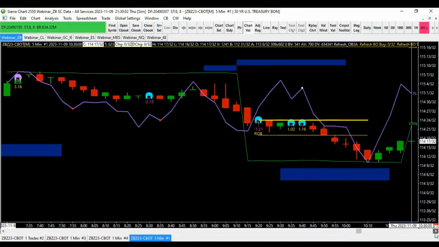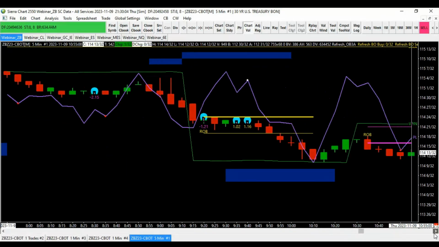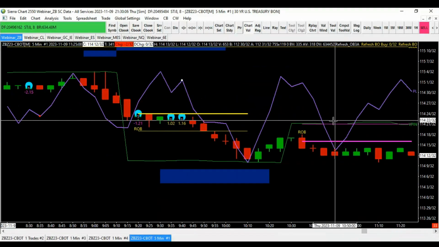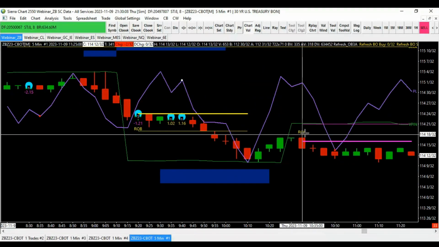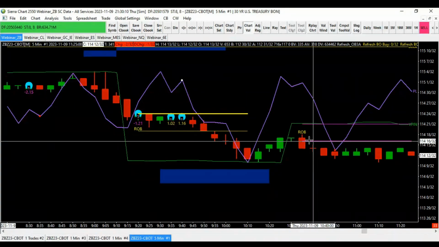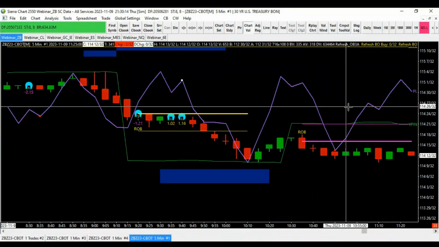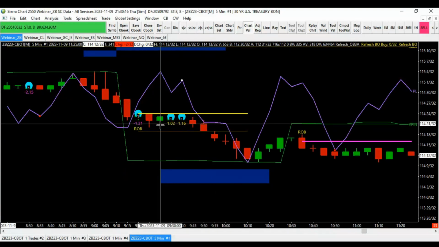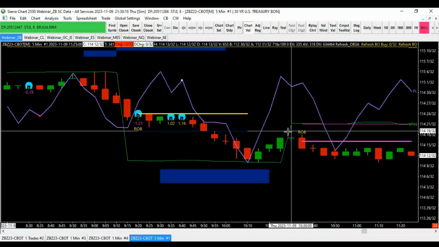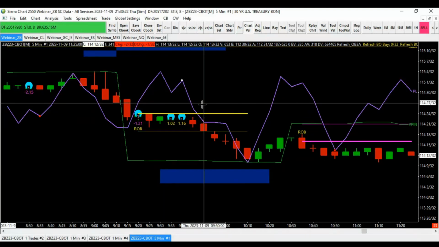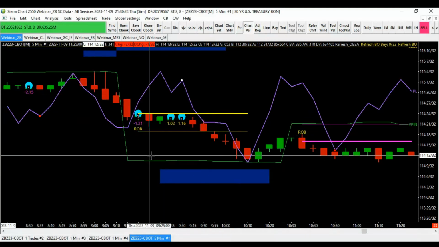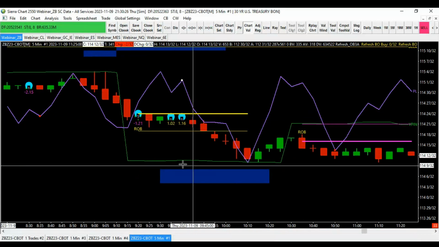Okay, so that was the first losing signal from Rob. Then we got a sell signal shortly afterwards, and that one went into profit straight away. Again, the VPIN had turned up here, which suggests there's going to be an up move soon, but it wasn't nearly as strong as that initial down move.